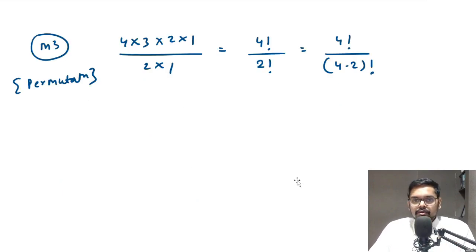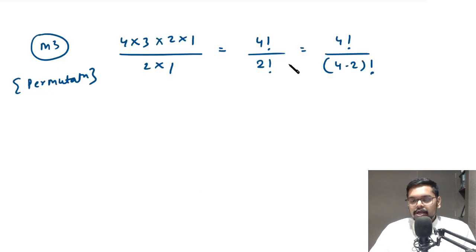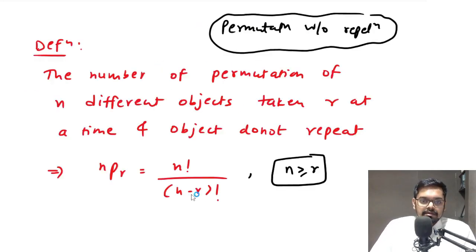So if I ask you here, 4 letters, 2 blanks, who is n, who is r? N is greater than or equal to r. So n would be 4, r would be 2. Very simple. Then we are going to say, if you need the arrangements, it would be nPr. So 4P2, how is it this thing? 4P2 would be 4 factorial divided by 4 minus 2 factorial.